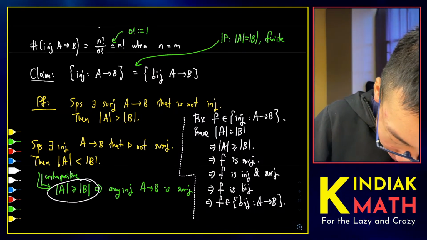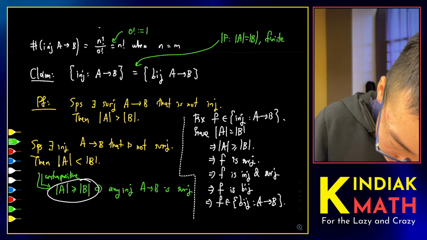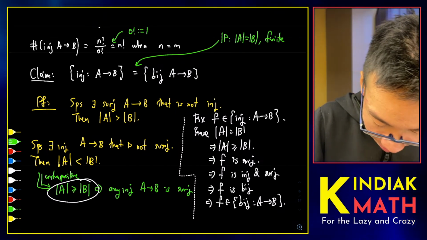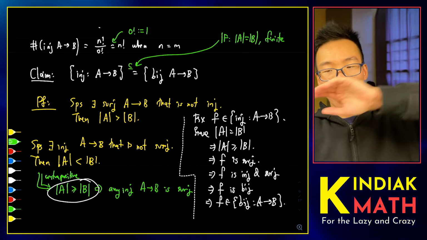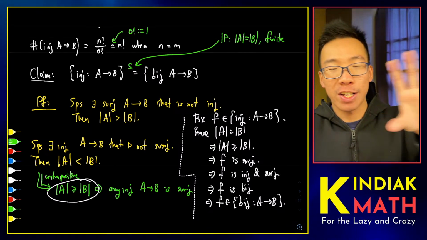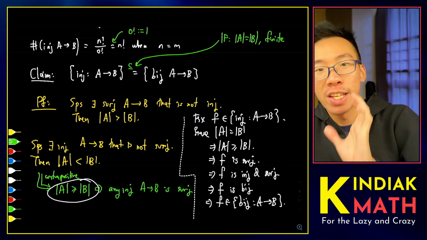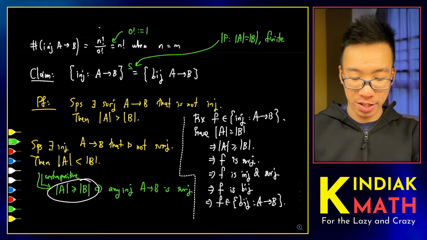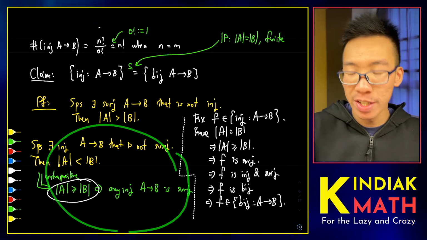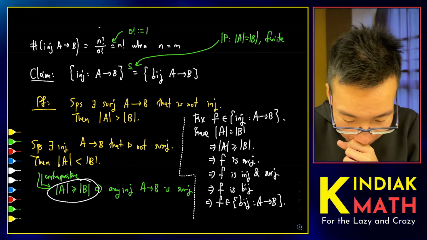So we do get the one-sided subset from the collection of injections to the collection of bijections. Every injection must be a bijection because of what we have proved in cardinality.